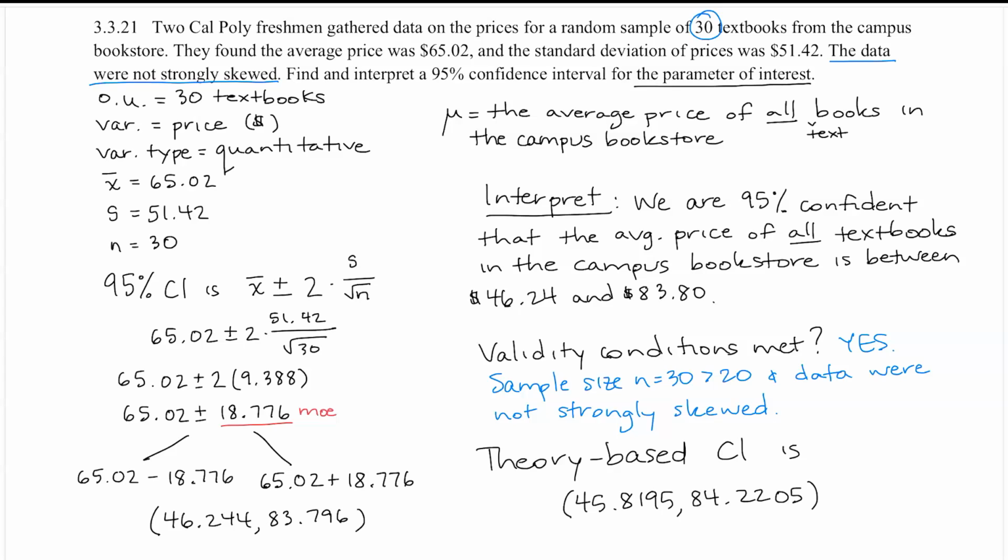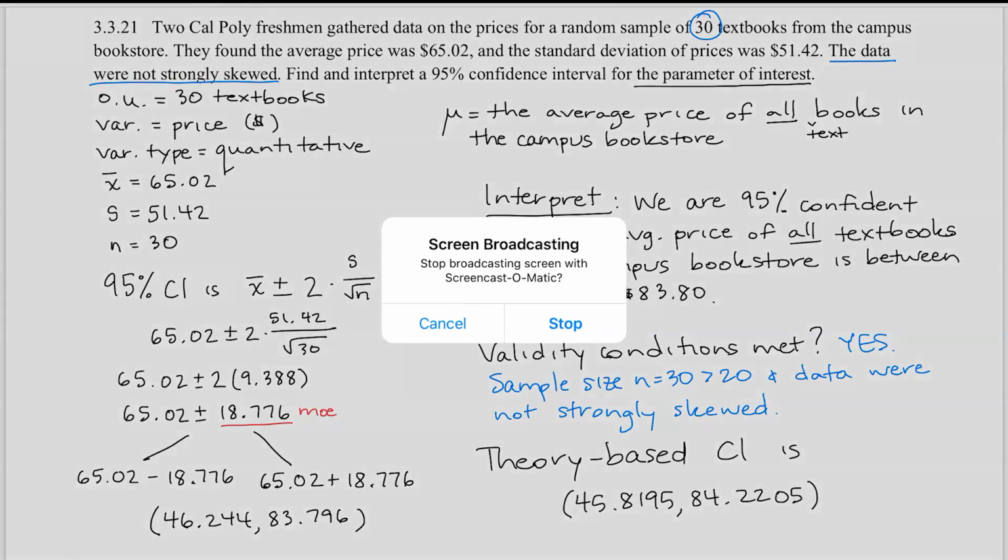We don't expect them to be exactly the same. The theory-based is based on, just as it says, theoretical models, and the 2SD method is using a multiplier of 2. The theory-based method is using a multiplier that's a little bit different than 2. But they are very similar, and that's because the theory-based confidence interval is valid, is appropriate. It's close to the 2SD method because our validity conditions were met.